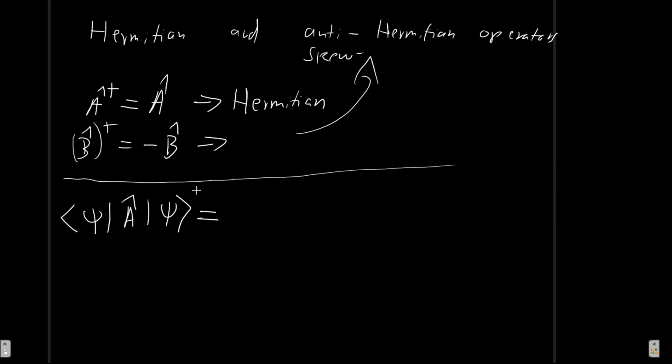Now let us then conjugate this, which will mean obviously to take the Hermitian adjoint of this operator later. So if we take its conjugate, we have to change bras for kets and kets for bras, but these two are the same, so we're still going to get psi here, then the Hermitian adjoint of the operator times psi here. But take a look at this. This right here is, as I said, the adjoint of this operator. But if the operator is Hermitian, that means that this is going to be the same as the original A.